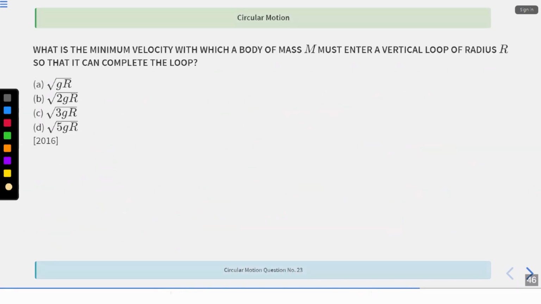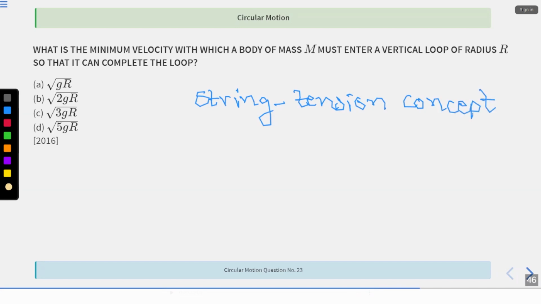What is the minimum velocity with which a body of mass m must enter a vertical loop of radius r so that it can complete the loop? Okay, so this is also one of the string tension related concepts that we will be going through.